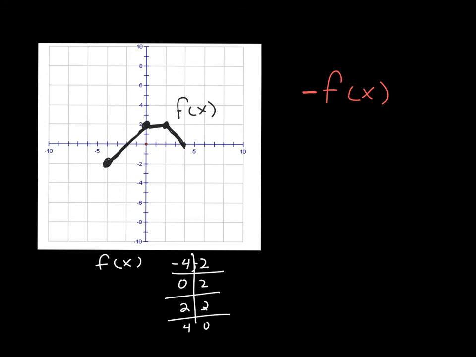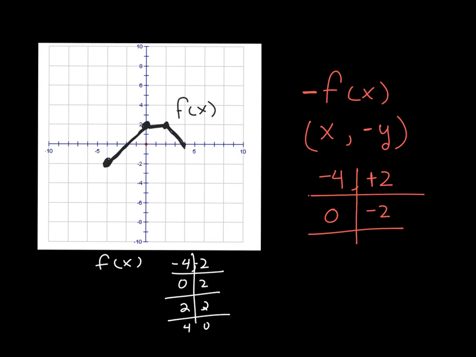So with that negative on the outside, x stays the same, but y gets multiplied by negative 1. So those values now become negative 4, and the negative 2 gets multiplied by a negative and turns into a positive 2. Then 0, and down here, that 2 now becomes a negative 2.